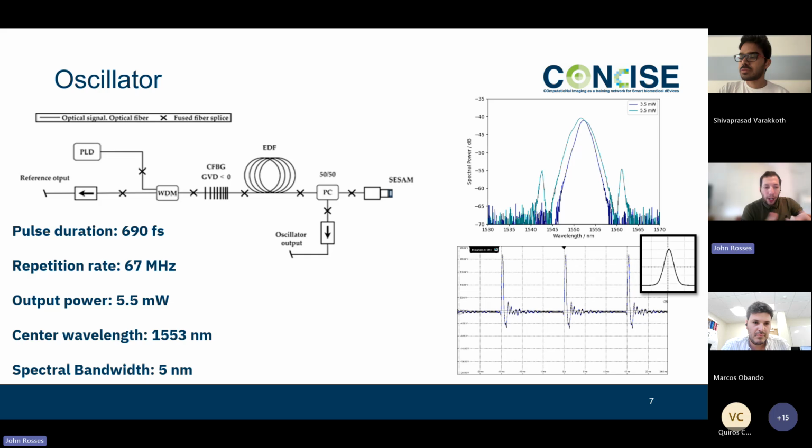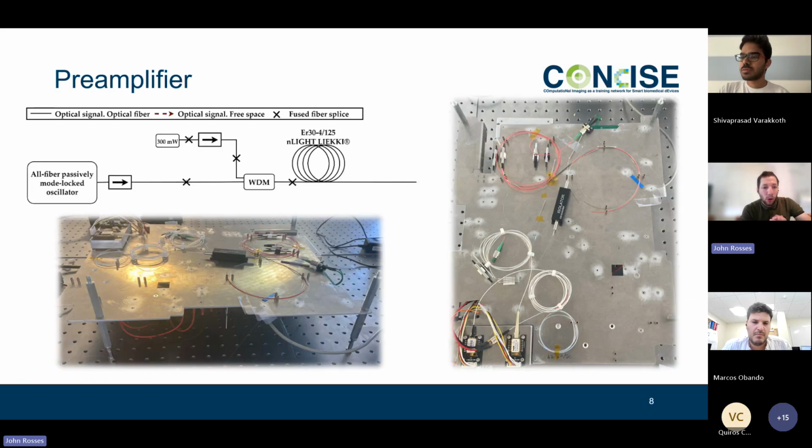So at this point, we already have a laser. Oh, very nice. And it's also in femtosecond. Cool. But it has a little problem: we want an even shorter pulse duration, and we want more power, because 5.5 milliwatts is low. So for this, we try to make some different amplification stages.